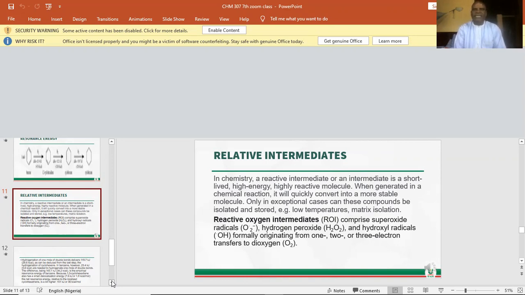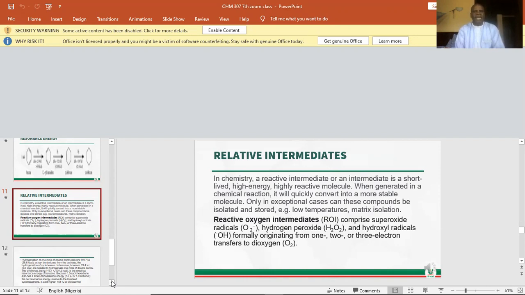Only in exceptional cases can these compounds be isolated and stored, e.g. under low temperature or matrix isolation.